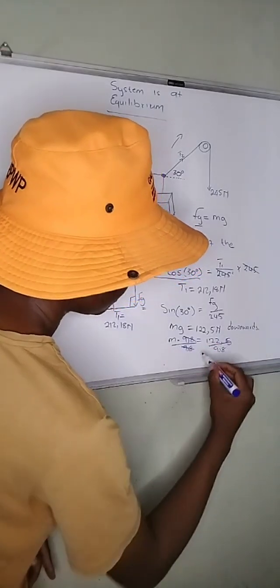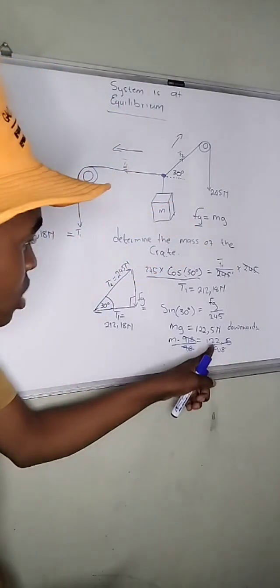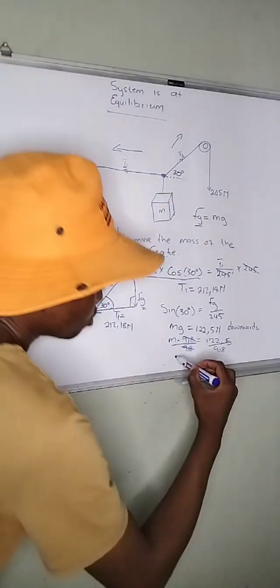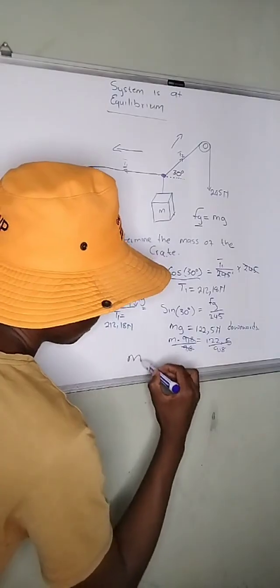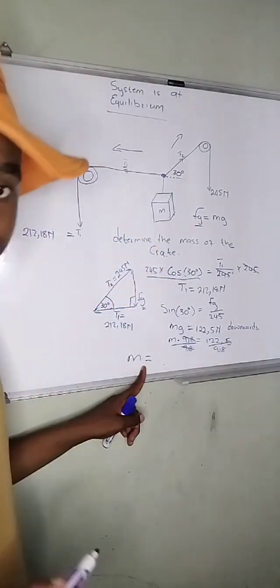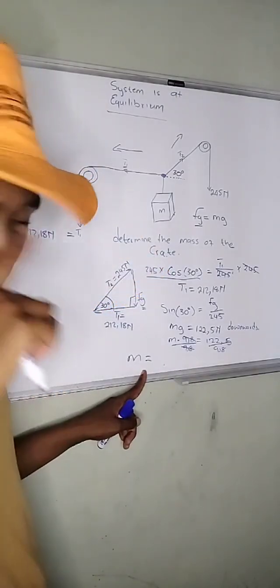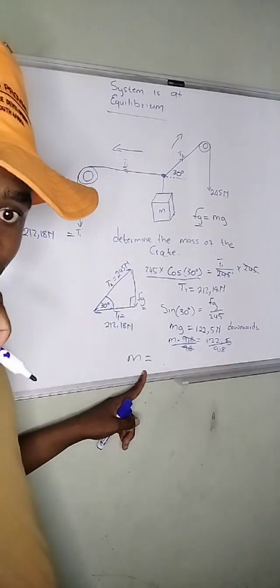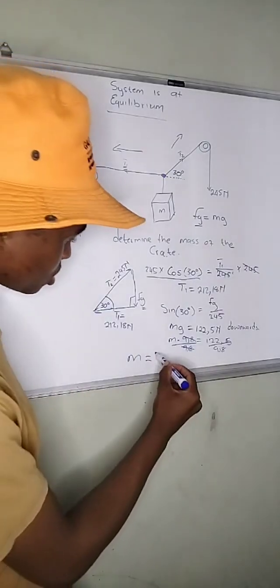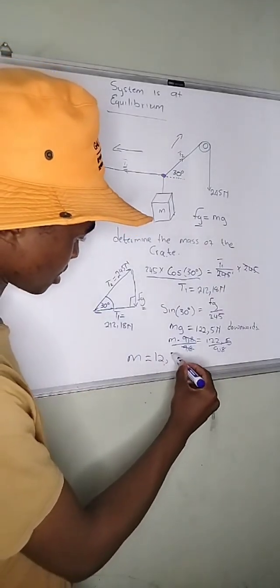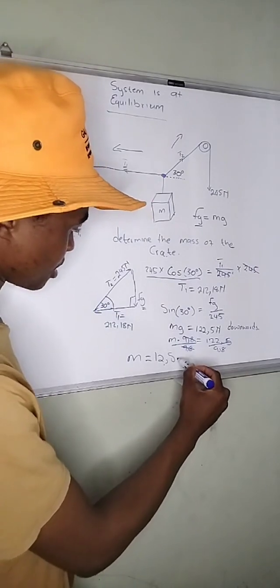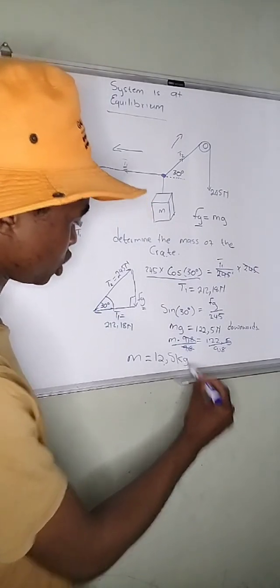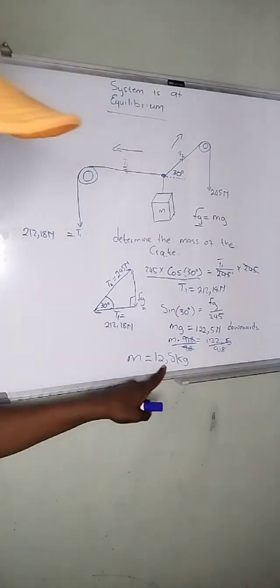This and that, they cancel. Then what is 122.5 divided by 9.8? What's gonna be my mass? Oh, my mass is gonna be 12.5 kg.